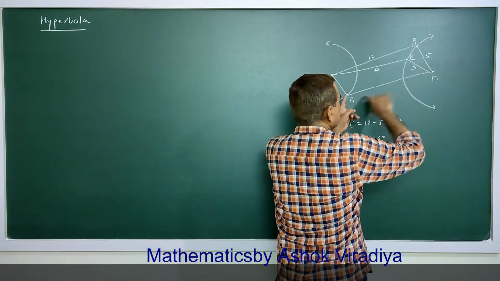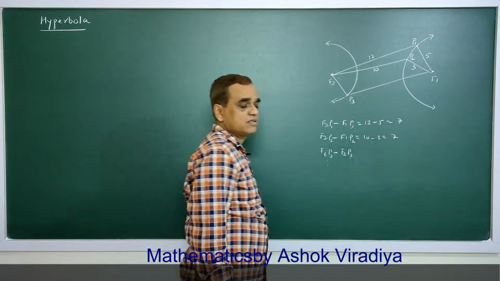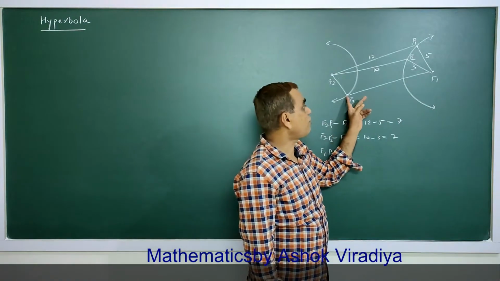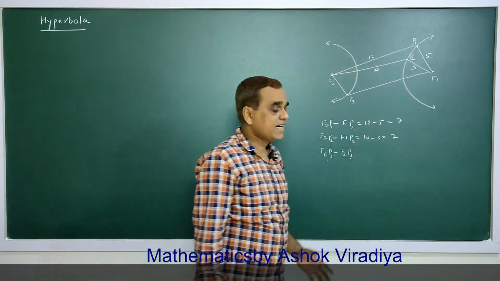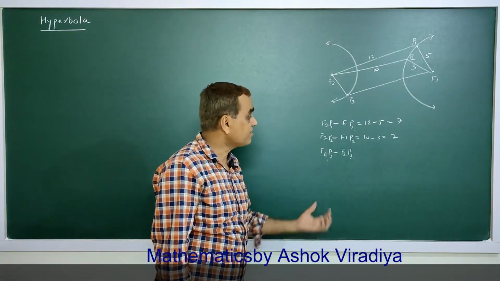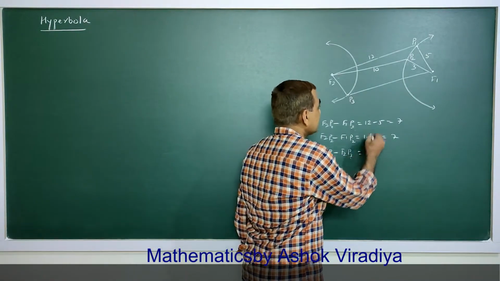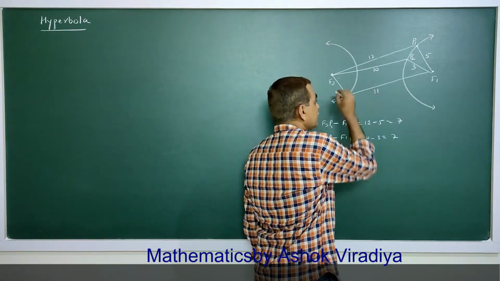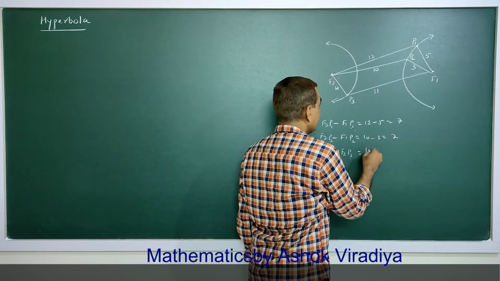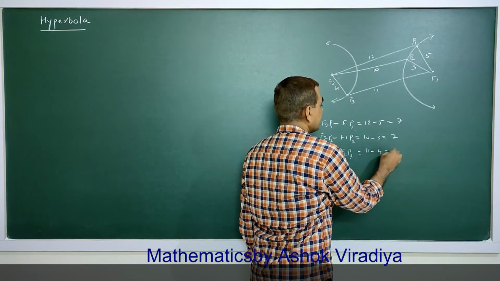So the difference of the distances of a point from these two fixed points, that is greater value minus smaller value. If this is 11, this should be 4. So 11 minus 4, that is 7.